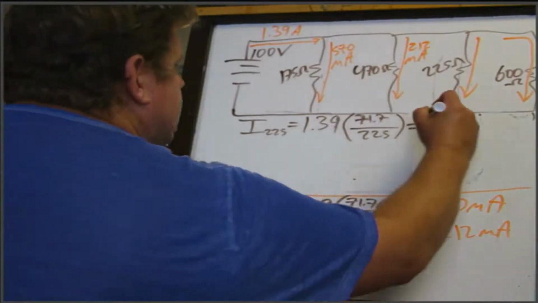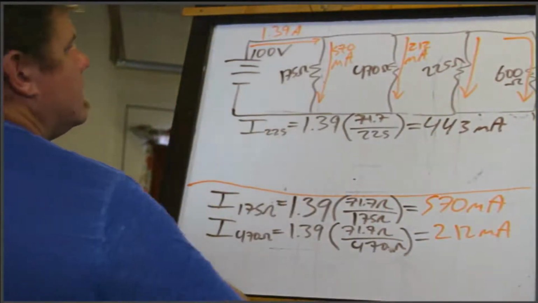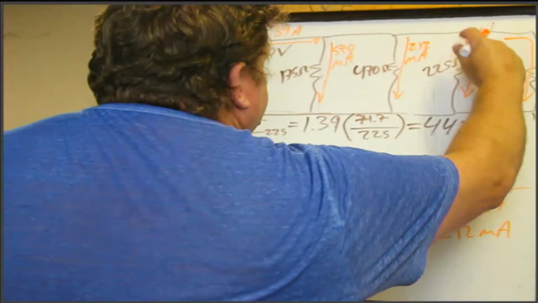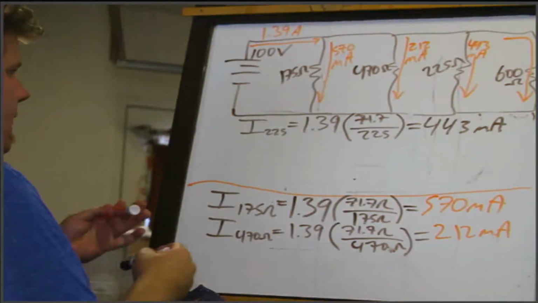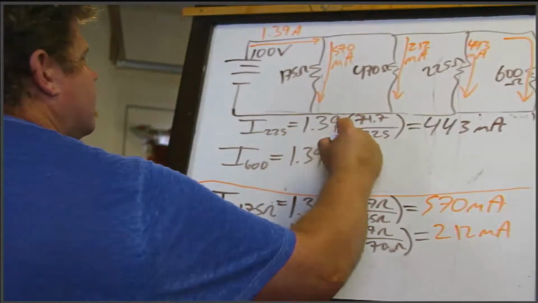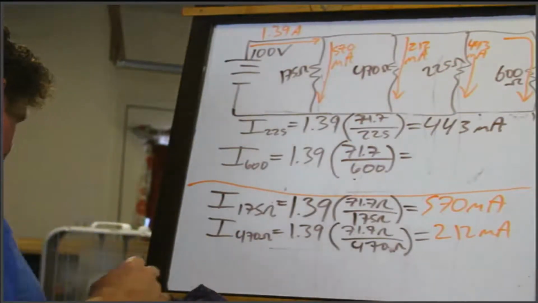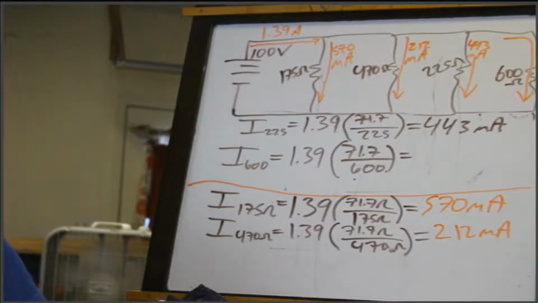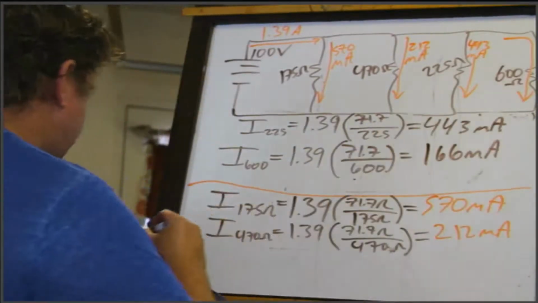That's 443 milliamps. And then we have the last one, the 600, which should be the smallest. 1.39 times 71.7 divided by 600, and we get 166 milliamps.